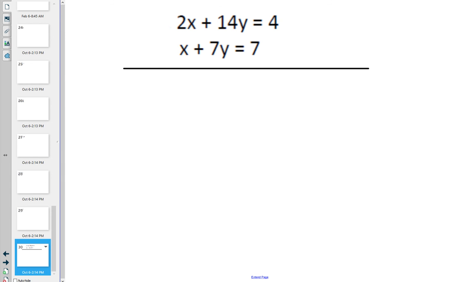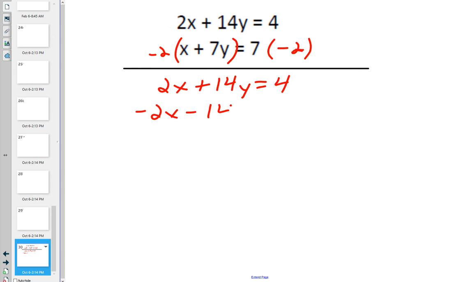But okay, so she chose elimination, which variable did you choose to eliminate? That would be the x's, and you chose to get rid of the x's, so I multiply the bottom by -2 because I need the signs to be different. So the top equation stays the same. The bottom equation would be 14.